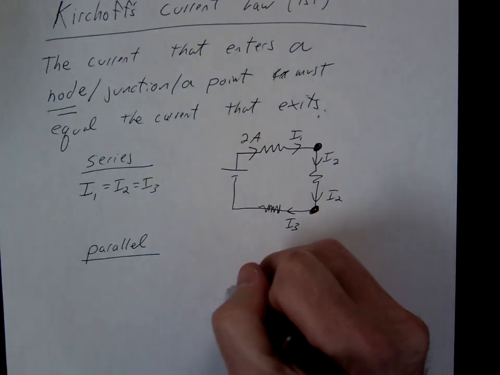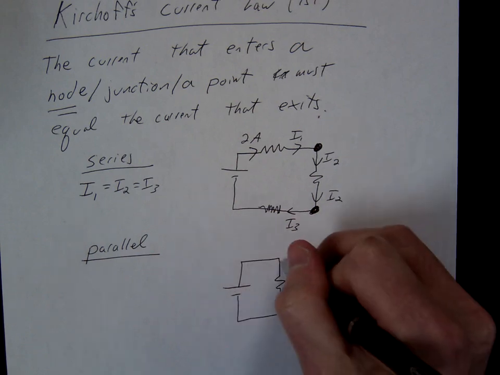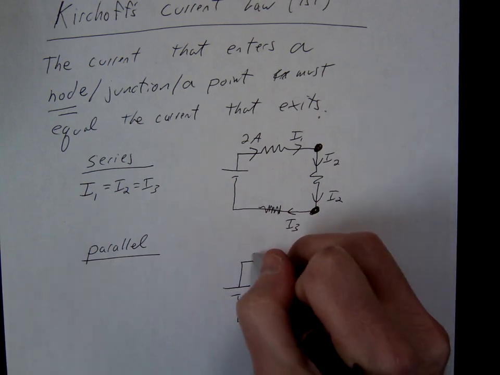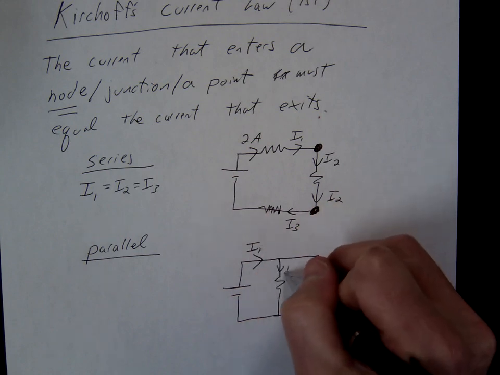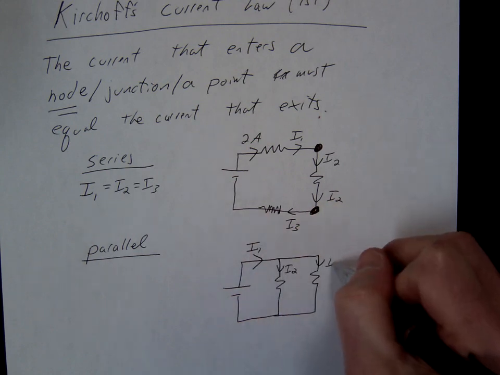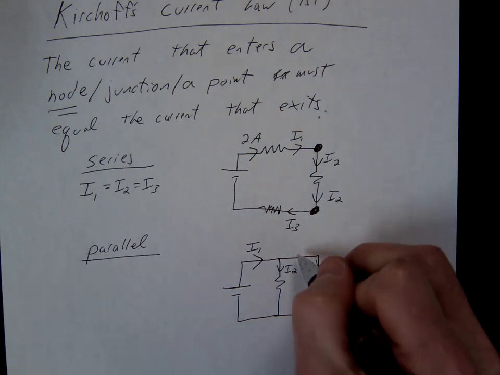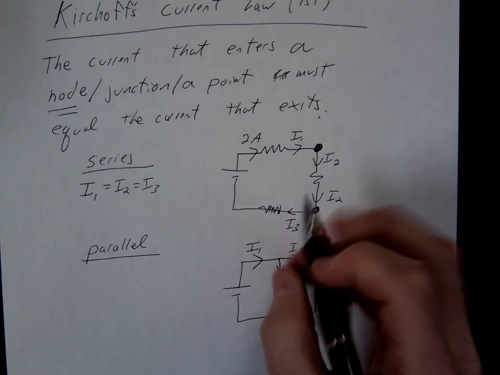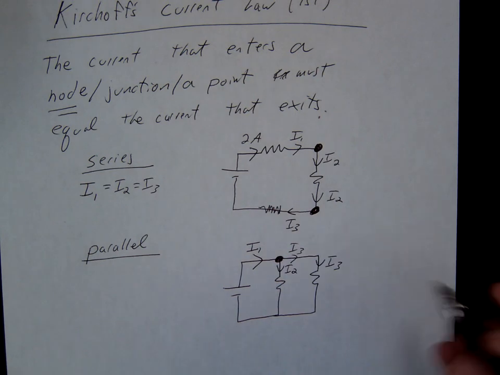So in a parallel circuit, you might have a circuit like this. We call this I1, this I2, this I3. This would be I3 also. If we choose a point right here, how would I write an equation for Kirchhoff's current law?